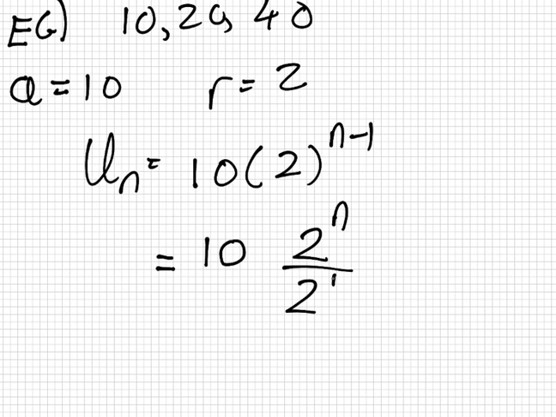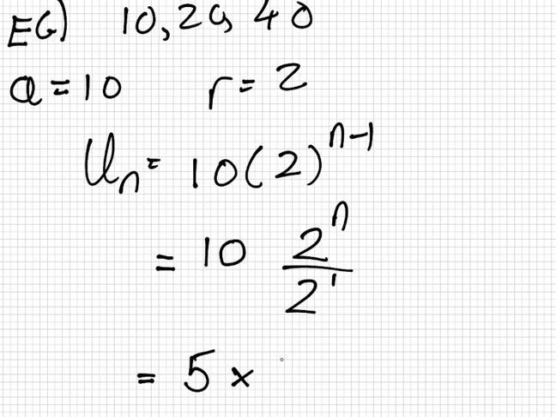Okay? We will spend an hour, 2 hours on powers, so don't worry about not knowing that. For today you just need to know when the power is n minus 1, that is the same as 2 to the n over 2 to the 1. That's good because the 10 and the 2 cancel to make 5. 10 over 2, 5.